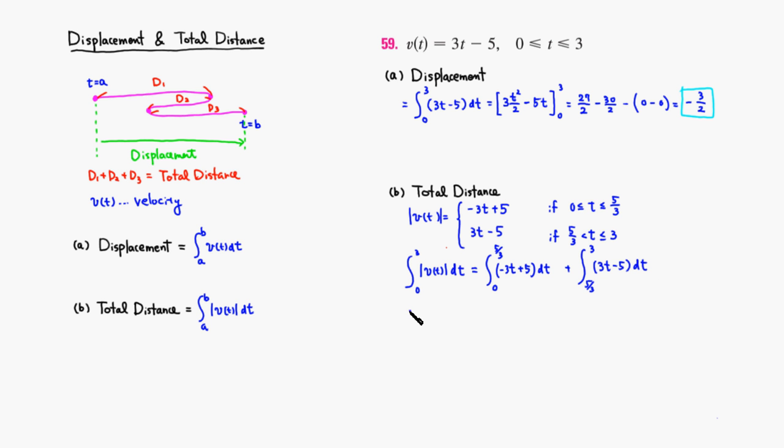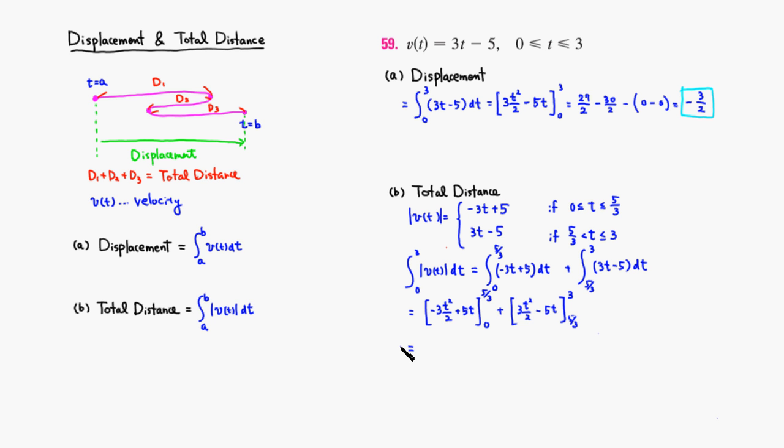The antiderivative is negative 3 times t squared over 2 plus 5t, going from 0 to 5/3, plus the antiderivative of 3t minus 5, which is 3t squared over 2 minus 5t, going from 5/3 to 3.